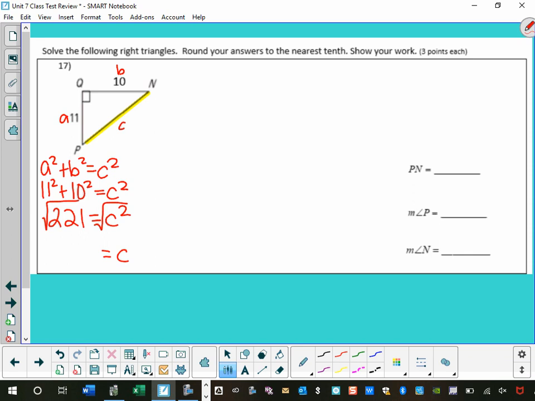C equals what? 14. And 14 plus 9. So that means the PN is 14. No, that is the measure of that side. See, why is it 14?